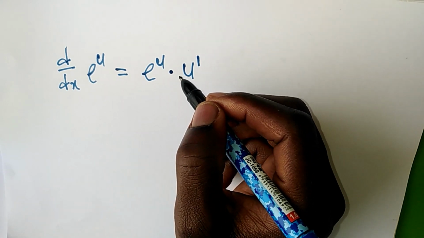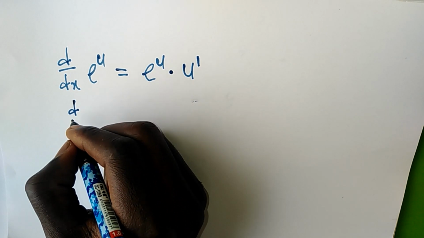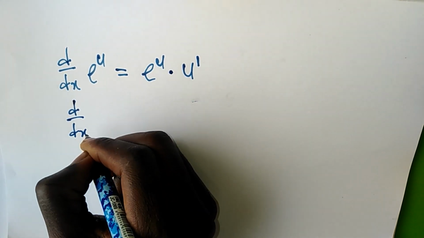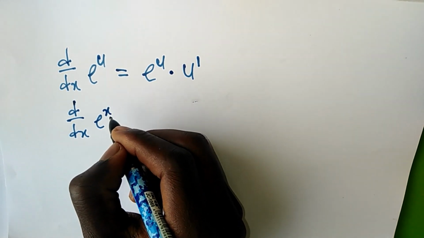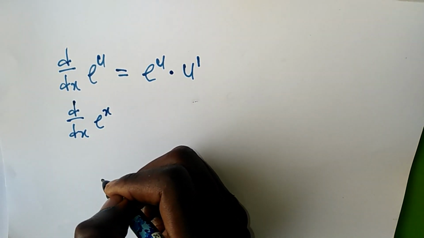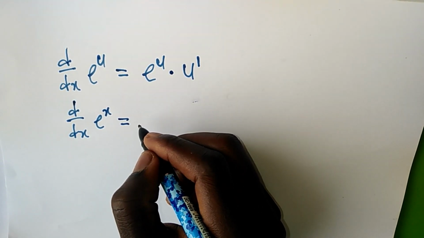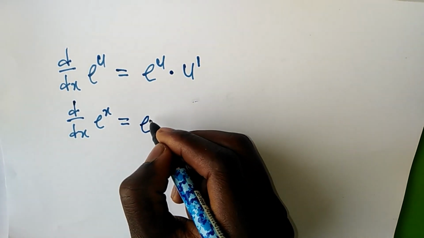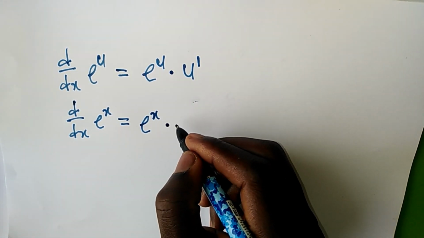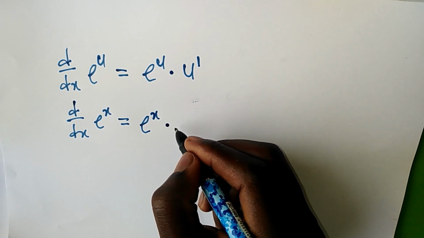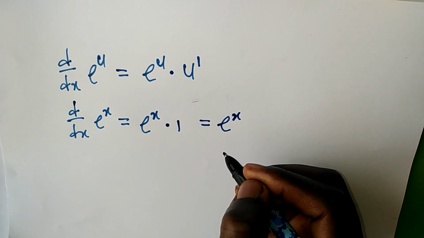So let's take one example. If we have d over dx of e raised to power x, we keep e raised to power x the same, multiplied by the derivative of x, which is 1. Therefore, our final answer will be e raised to power x.